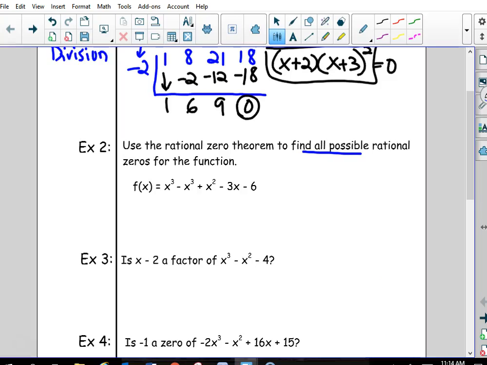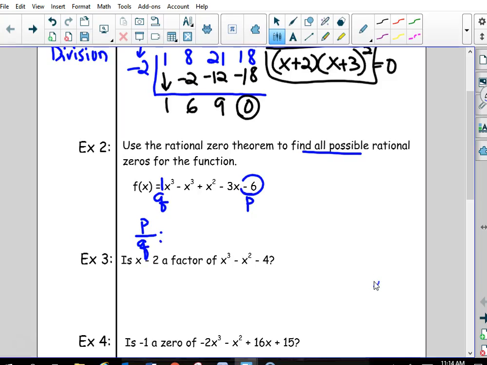So what they do is they take a look at the leading coefficient, the coefficient of your highest degree, and also the constant. We take those two numbers and we factor them. I believe they call the leading coefficient Q and our constant P. So we are going to look at the factors of P over Q.